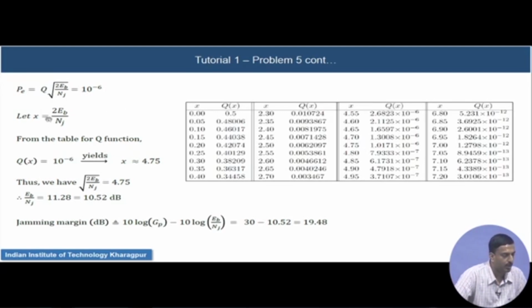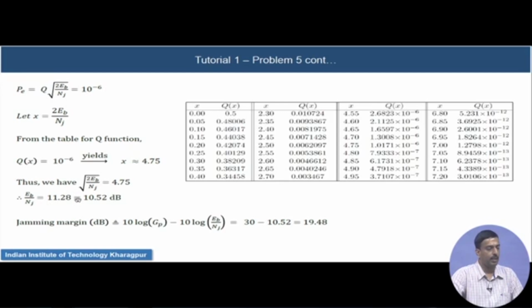I think there is a small mistake over here. This x should be equal to the root of 2E_b/N_J. So in this case we get √(2E_b/N_J) equal to 4.75, which is what is obtained from this table.